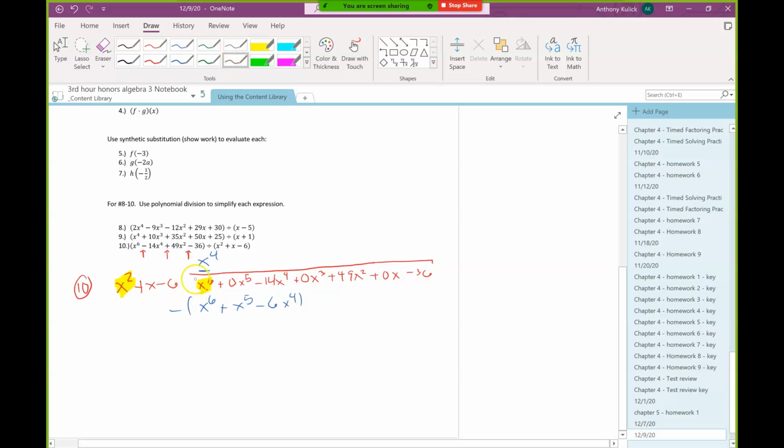Before I subtract, though, it's usually a better idea to distribute that negative. So negative of a positive is negative, negative of a positive is negative, and negative of a negative is positive.